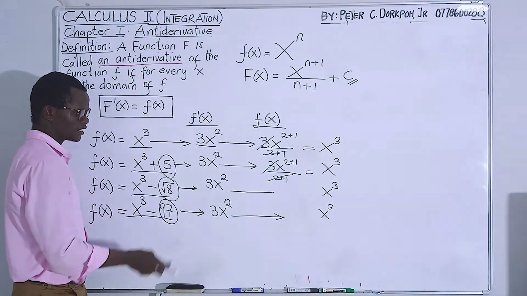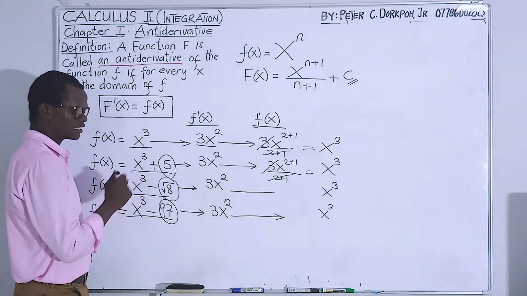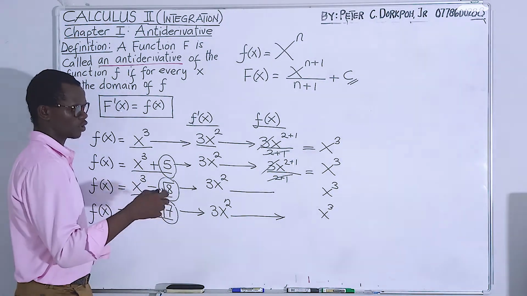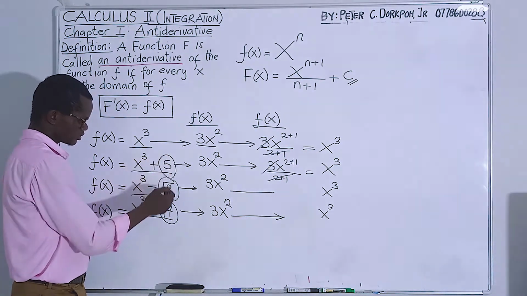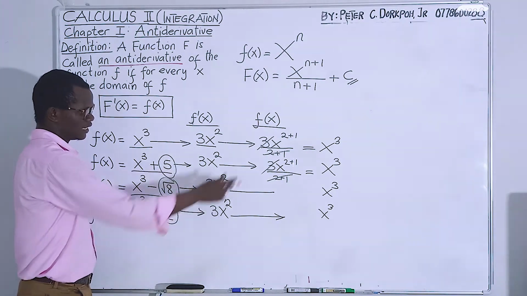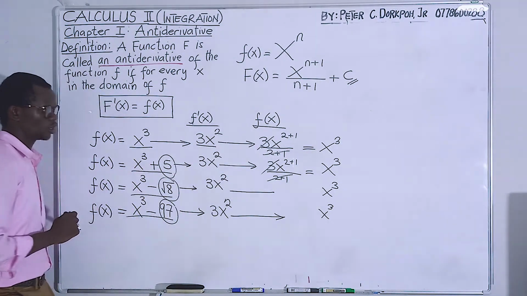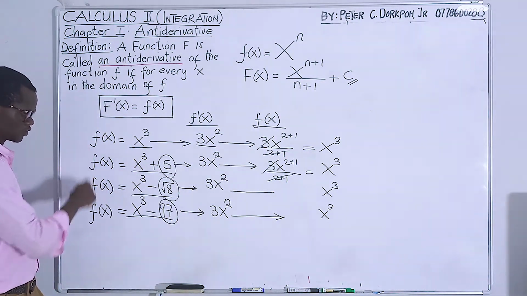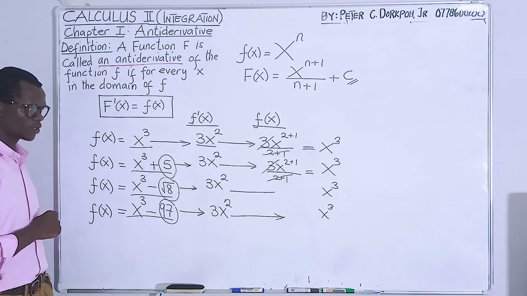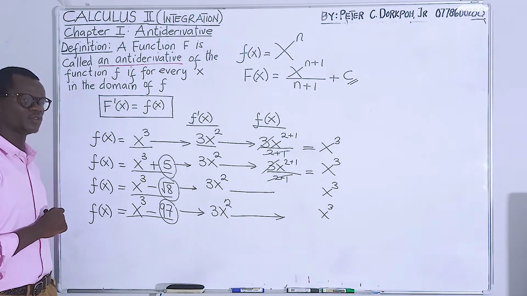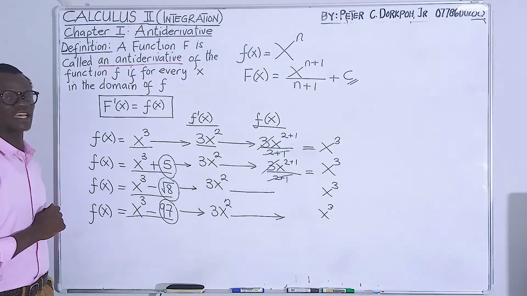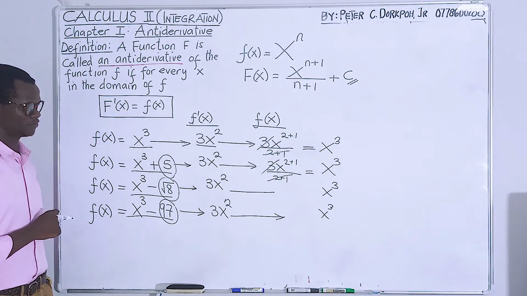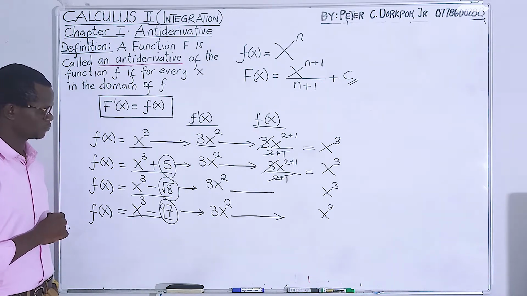Because it is 0, we cannot find the antiderivative of 0 to give us a number. So all of these numbers are not indicated in the antiderivative of these functions. That's the reason why we do not call it the antiderivative. We call it an antiderivative of a particular function.